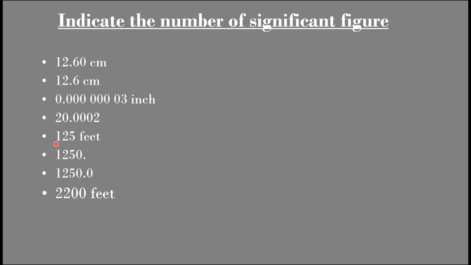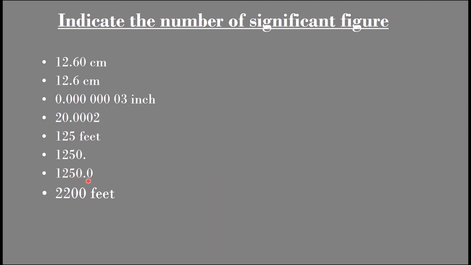In this next example, 125 feet, all are non-zero numbers, so all three numbers are significant. In the next example, we have a trailing zero, but there's a decimal point, so the trailing zero with a decimal point is significant. So in this measurement, we have four sig figs. The next measurement has five sig figs.